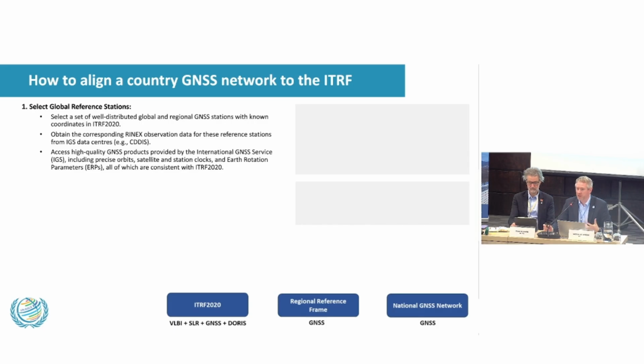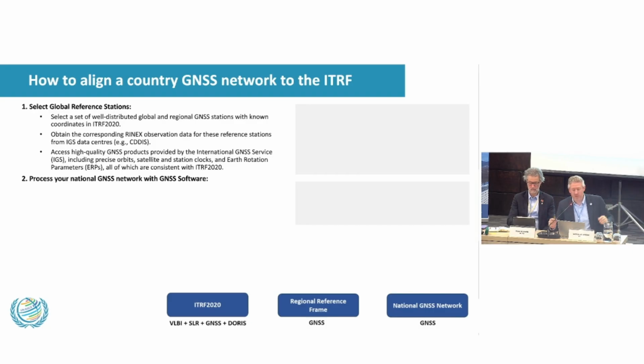And there's quality checking and the analysis gets done. This is done by a central bureau that's currently based at NASA in the US. So you'll pick a subset of all those different IGS stations that are available from around the world, and you bring that together into the GNSS analysis along with all of the sites that you have from your region. Then you're connecting the regional to the global.